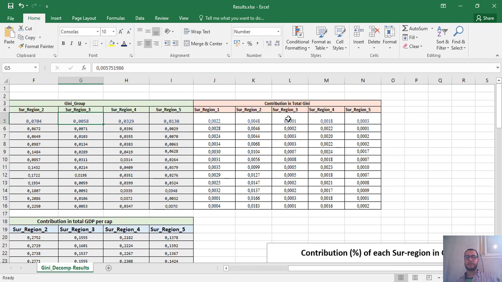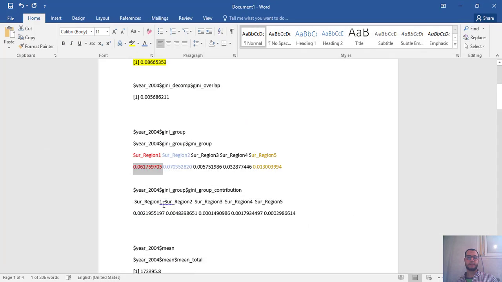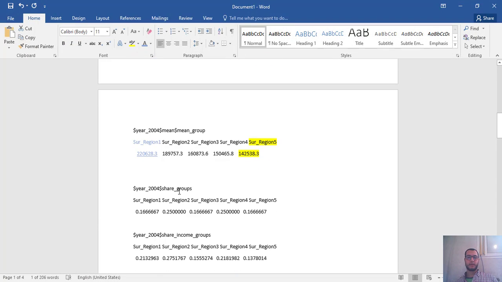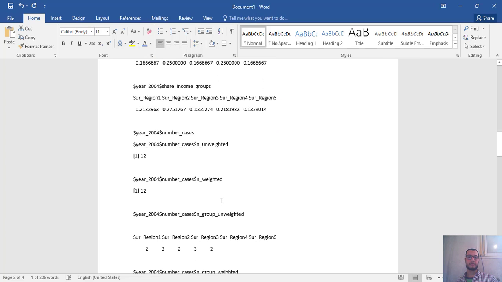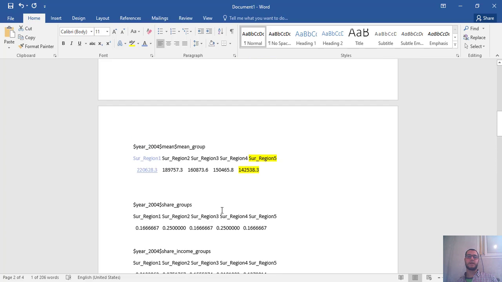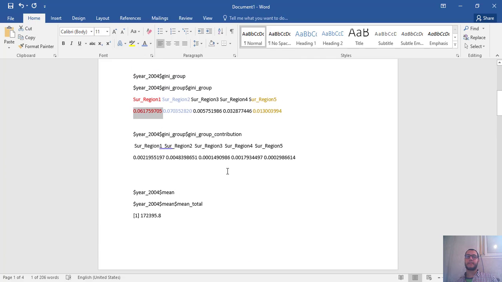And we have the contribution in the total Gini for sub-region 1, sub-region 2, sub-region 3, sub-region 4, and sub-region 5. This is the contribution. This is the Gini contribution, which we call the anti-effect.